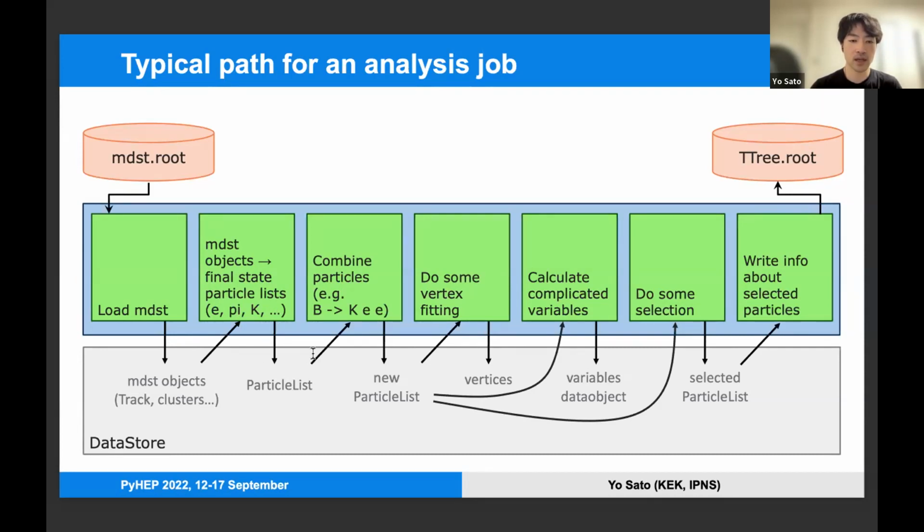And using its output, one can combine the particles to reconstruct the intermediate particle. For example, the B meson is reconstructed from the kaon and the electron pair. And its new particle list will be used, for example, to do some vertex fitting or calculate some complicated variables, and then do some selection on the particle list.